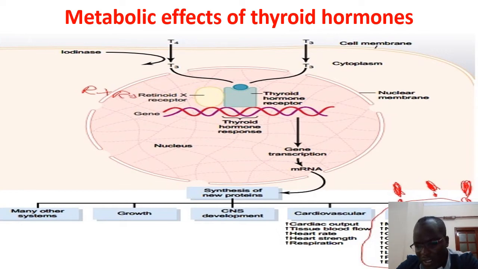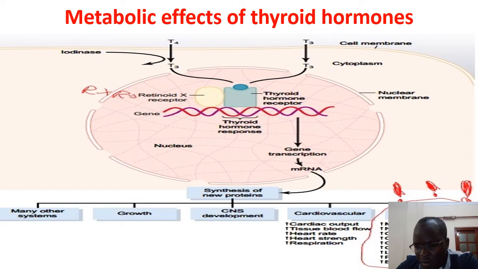So you can see on metabolism here, there are a lot of things that are increasing. The number of mitochondria is going to increase the production of ATP. The number of sodium-potassium ATPase pumps is increasing. These are the enzymes that will also break down ATP to transport ions against the concentration gradient. You have oxygen consumption that will increase.